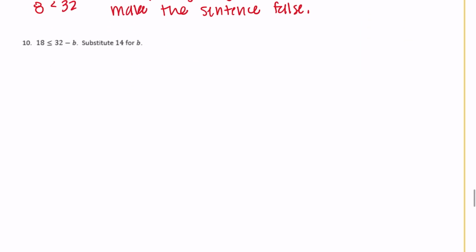And the last one. 18 is less than or equal to 32 minus b. And b here is 14. So 32 minus 14 is 18. So it's saying 18 is less than or equal to 18, which is true because 18 is equal to 18.